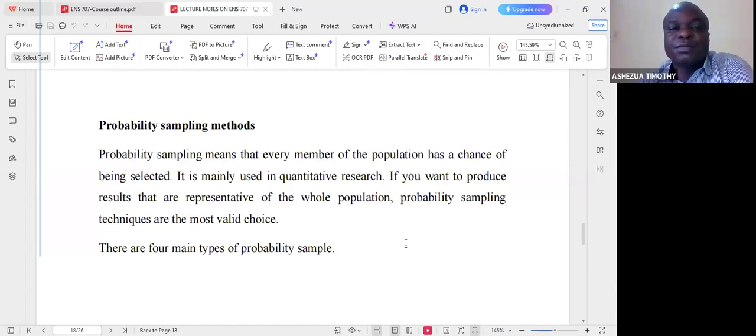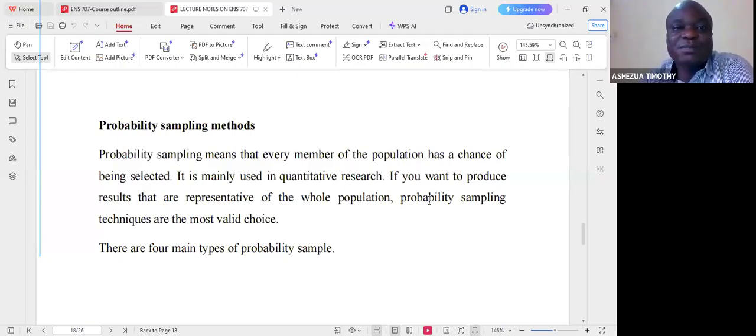Probability sampling methods. Probability sampling means that every member of the population has a chance of being selected. It is mainly used in quantitative research. If you want to produce results that are representative of the whole population, probability sampling techniques are the most valid choice to make.